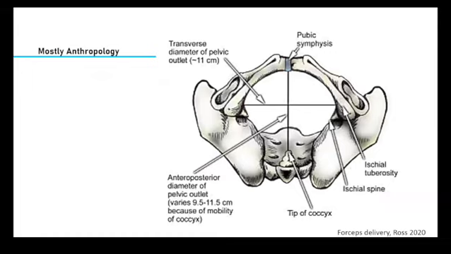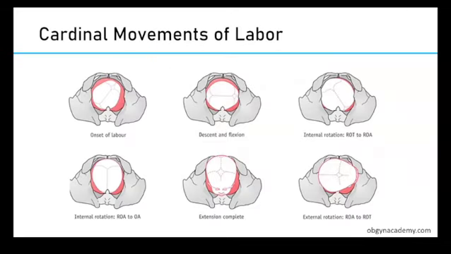So what are the delivery considerations? Well, there's relatively simple considerations of these dimensions, but notice the relevance of the ischial spine here. So the body, that is the infant's body, adapts to the changes in the canal dimensions by these so-called cardinal movements, where the child's body and head is rotating its way through the birth canal.